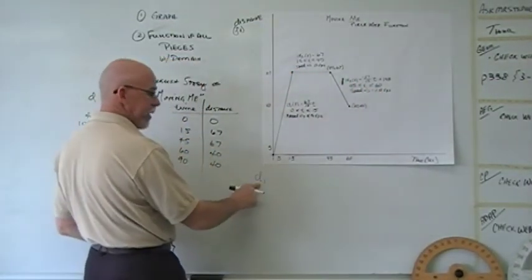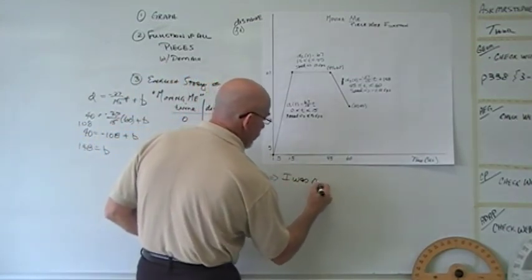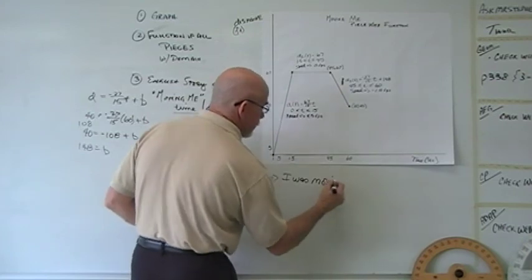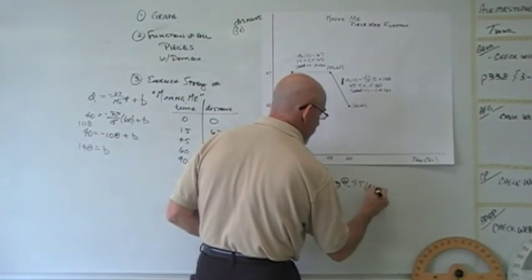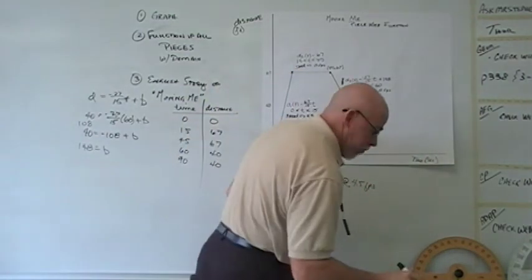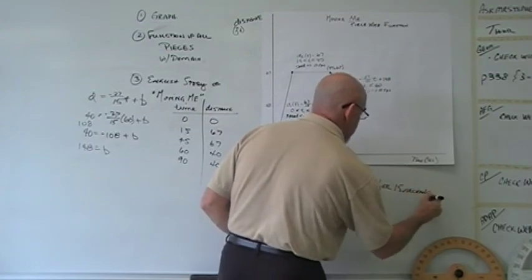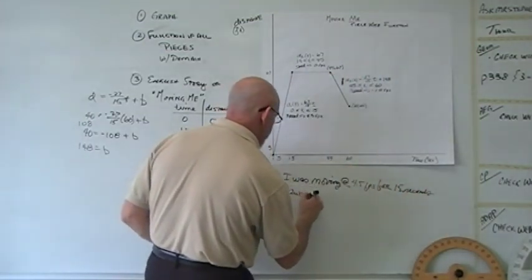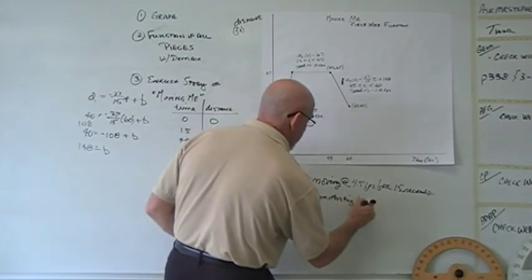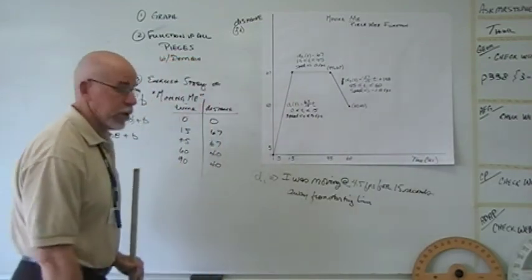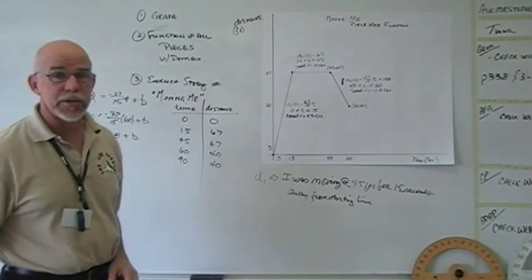So for this D piece, you need to tell me, I was moving at 4.5 feet per second for 15 seconds away from the starting line, starting point. I need you to do that for every piece. I think you have about 6 pieces that you did.